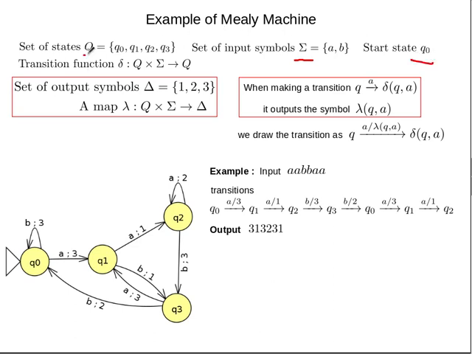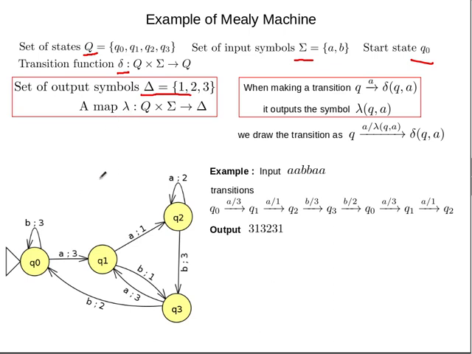This part is the same as the DFA that you learned before, with the transition function. And like the Moore machine, you also have an output alphabet, delta. Again, we are just outputting either 1, 2 or 3.